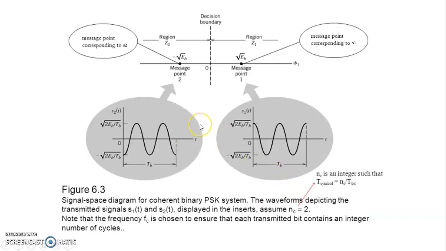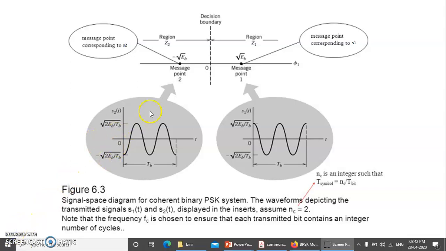Next we can represent this S11 and S21 in the orthonormal basis signal constellation graph. This shows the signal space diagram for coherent binary PSK system. As we said, it has only one orthonormal basis function phi 1 of t, so that's why it's a one-dimensional system. So we have only one axis.